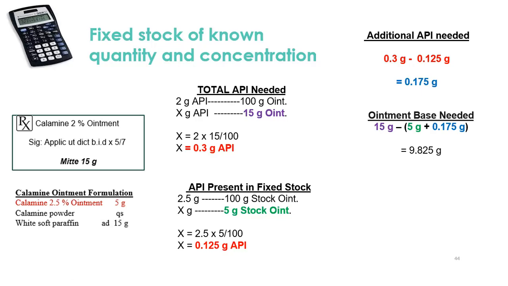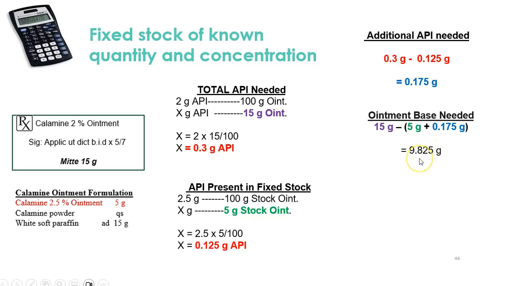How does this look? Our ointment is 15 grams. We know that 5 grams will be the stock ointment that is carrying the 0.125 grams. So in this green 5 grams, there's a hidden 0.125 grams of calamine, plus 0.175 grams of additional calamine. And so the ointment base that is needed is 9.825 grams.